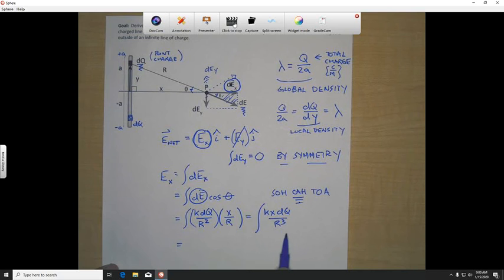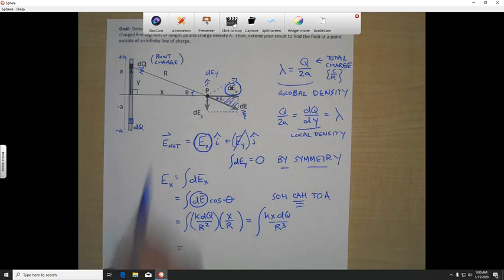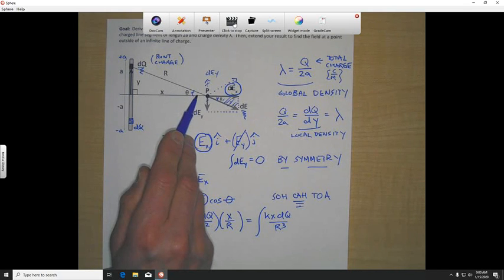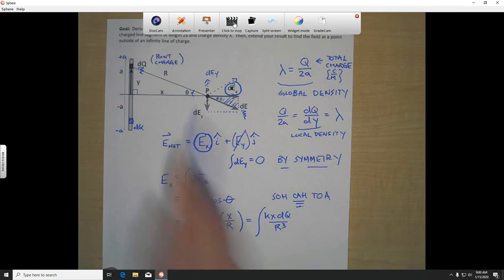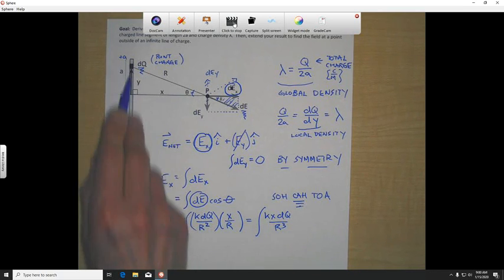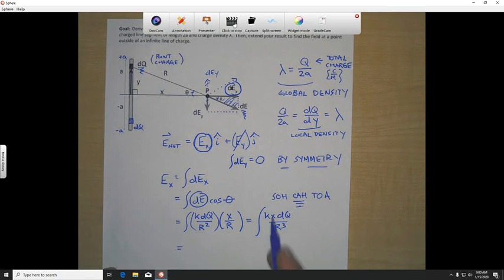But you cannot do that here, because as you select different dq's, the r is going to change. The x is going to change. And so you have kind of like moving parts here that you have to worry about. So when you're moving up and down this line and taking different dq's in the integral, you're also changing variables in here. And we need to have a way to deal with that.